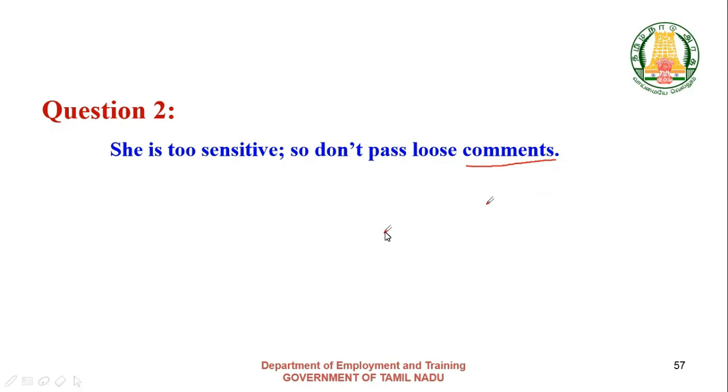Question number 2. She is too sensitive, so don't pass loose comments. Find out an adverb. For that, we should know what the verb is. What is the verb? Do not pass is an action verb. She is too sensitive, so don't pass loose comments.